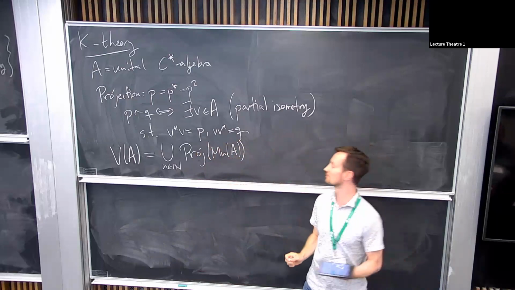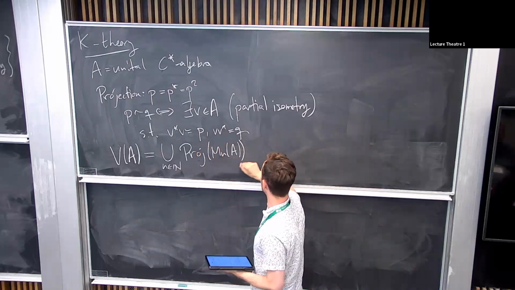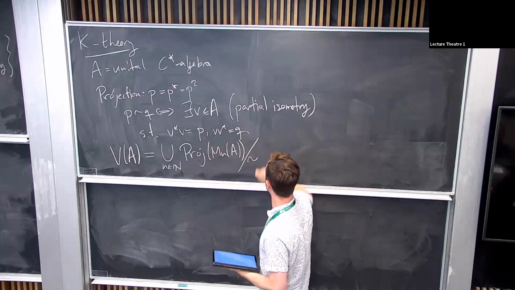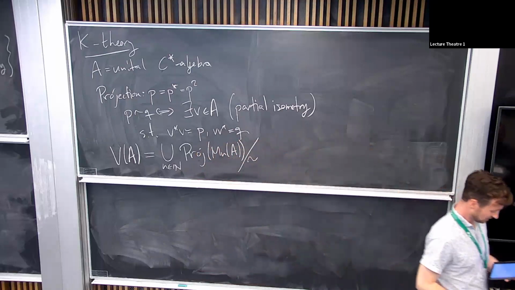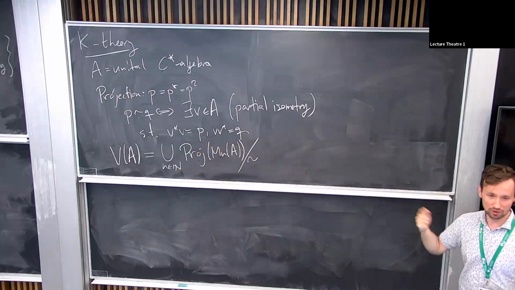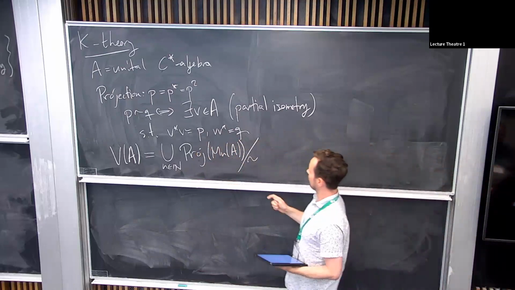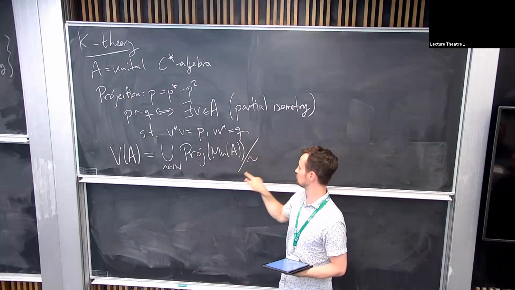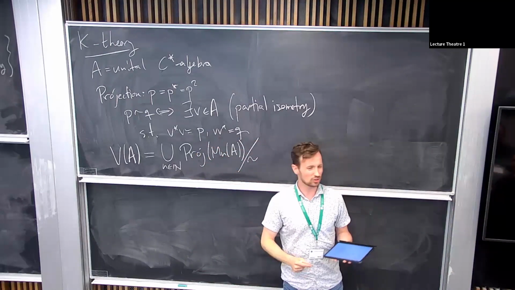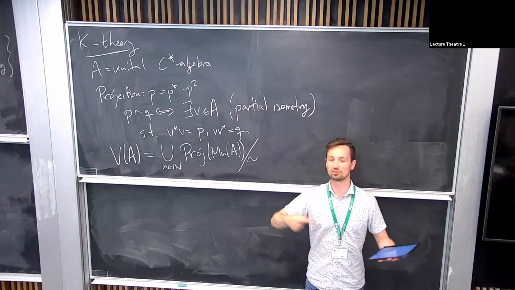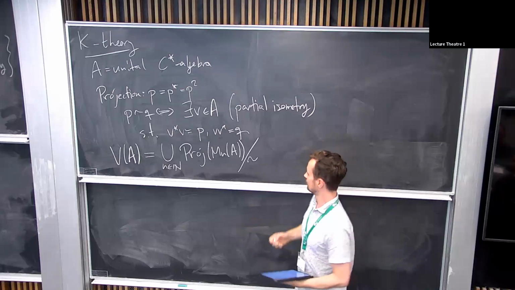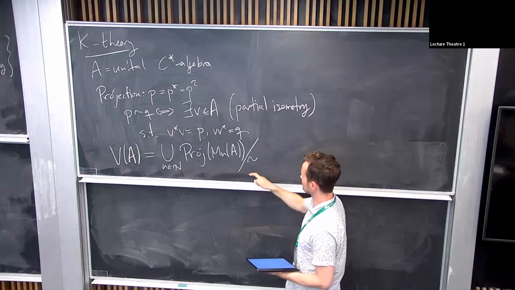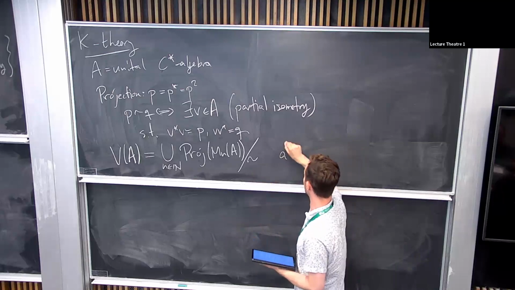I look at the union of all of these modulo equivalence, which is Murray-von Neumann equivalence. This equivalence relation could also be replaced with things like homotopy, for instance. This gives us an abelian monoid.